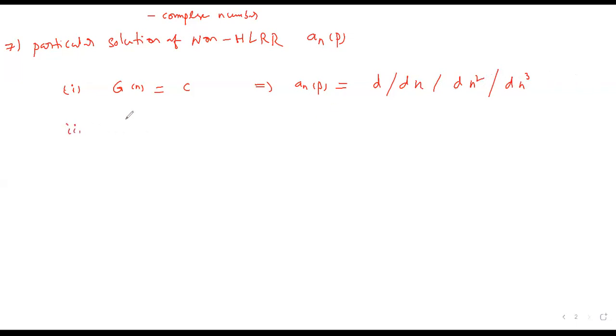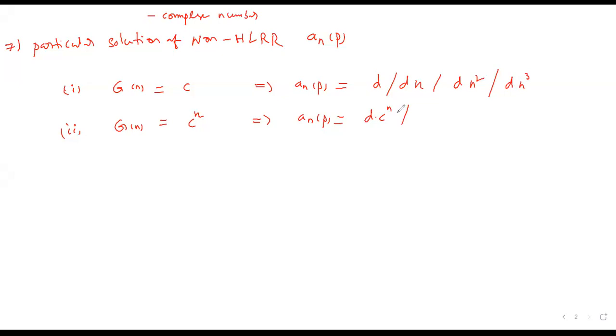The second case is suppose gn is a constant power n, some value to the power n. Then how can we denote this? Here you can take the particular solution an of p equals d into that constant power n.